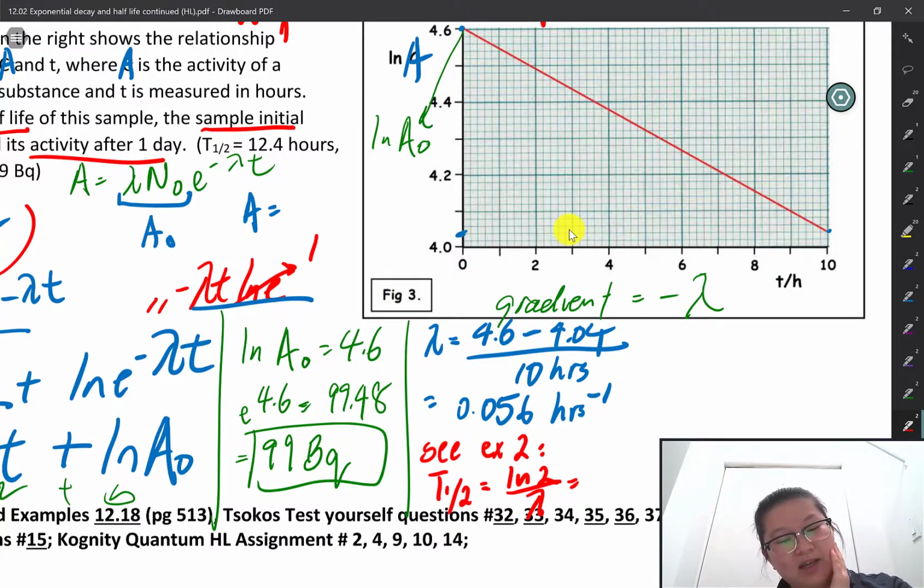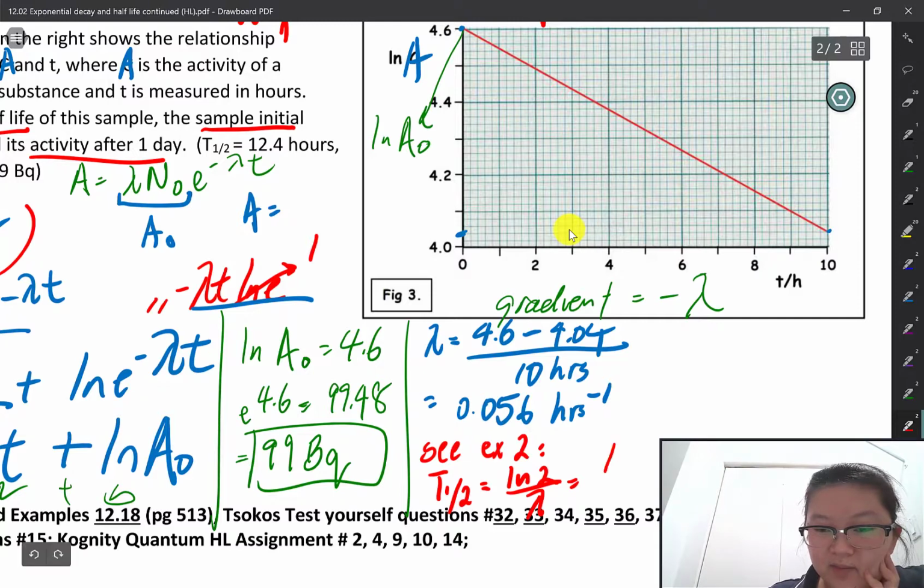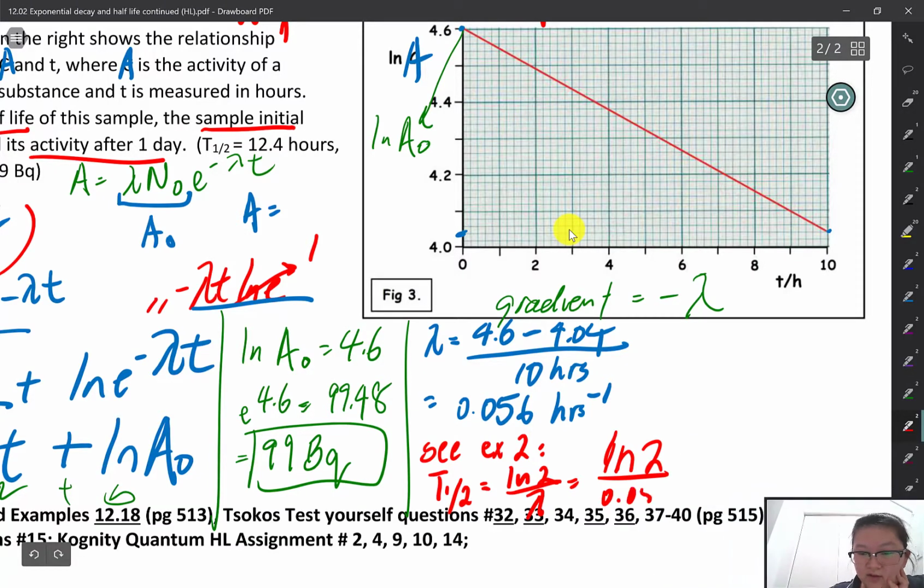So just to repeat that again, putting everything in, ln 2 over 0.056 hours to the -1. This is going to give us 12.377, which rounding to 2 sig figs is just 12 hours.